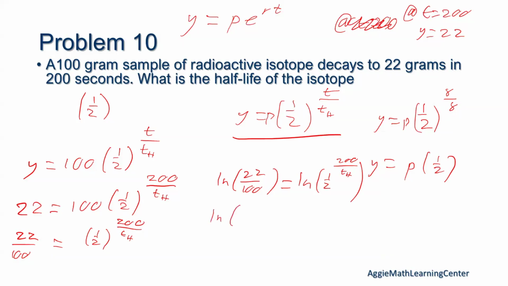So you have ln of 22 over 100 equals 200 over t sub h times ln of 1/2. And now if we're solving for t sub h, then you want to multiply that to the other side and divide by ln of 22 over 100. So I'll do that in 2 steps here so you can see it.